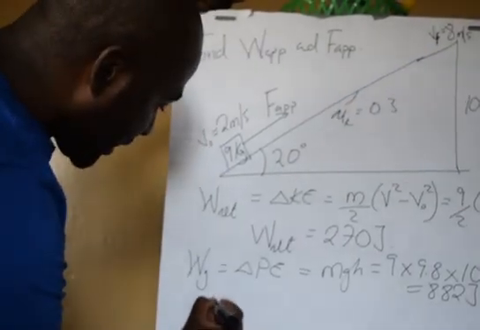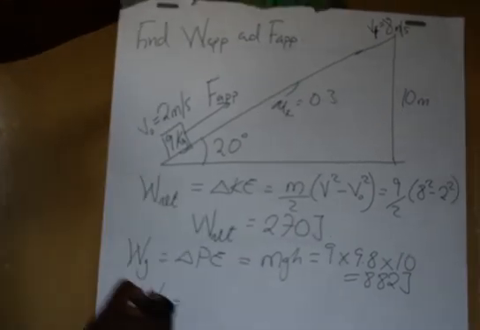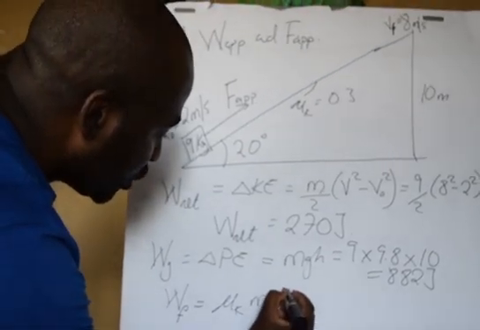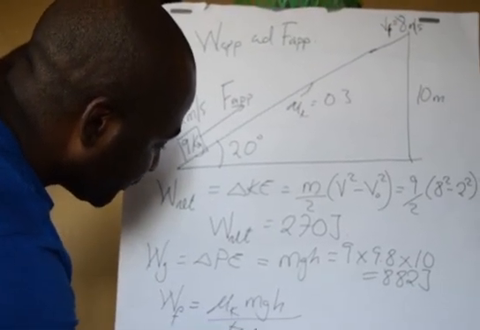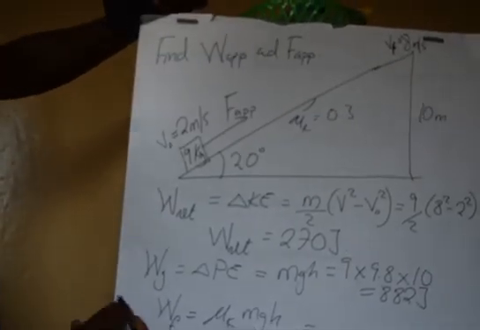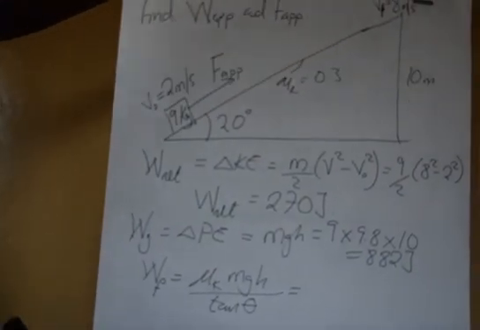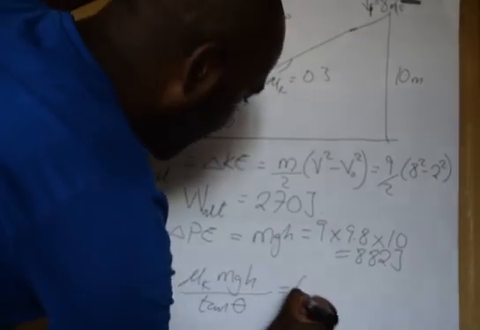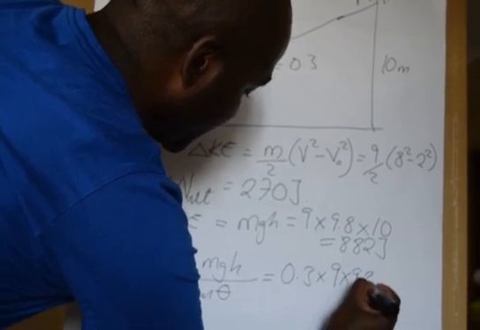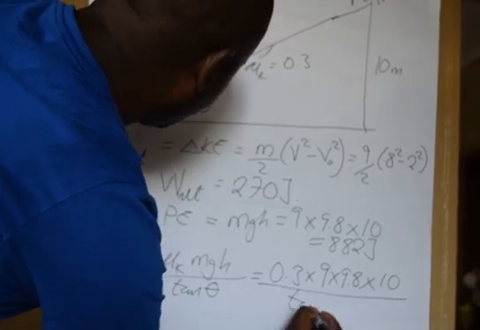Then the other one is friction. So work to overcome friction is simply mu k mg h over tan theta, or if you want you can say mu k mg x cos theta, if that's what we are given. So what you get is 0.3 times 9 times 9.8 times the height, which is 10, over tan 20.